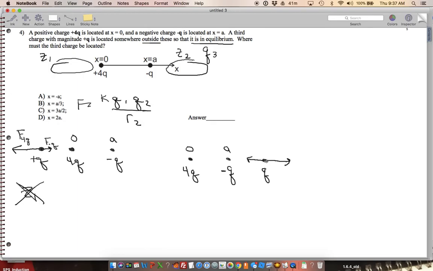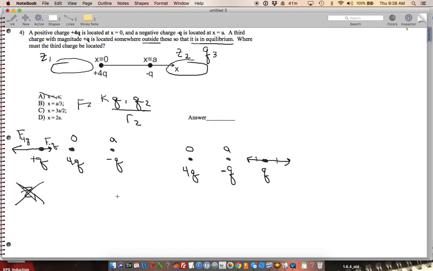So I can place this at a location where these two arrows can be equal. And since that's the case, I'm going to pick zone 2. So I'm not going to have A, but at least it helps me to know it's to the right.